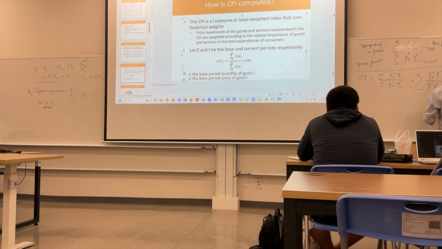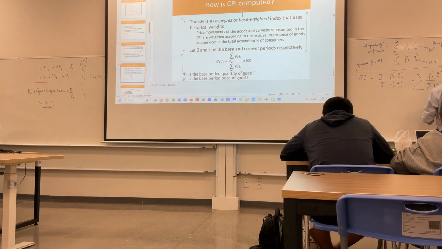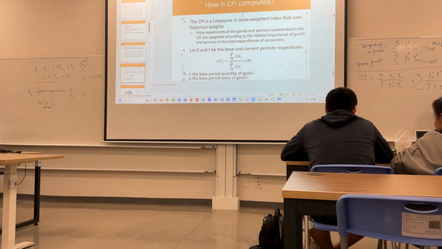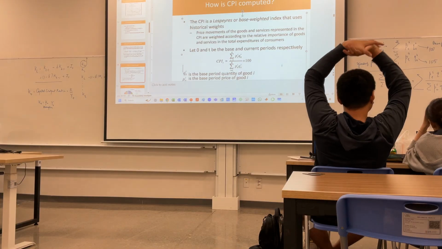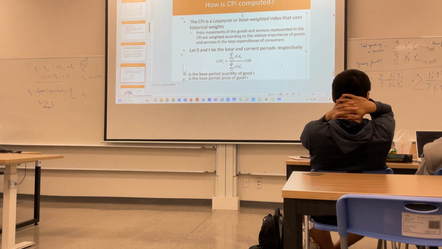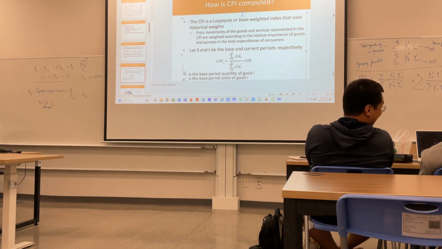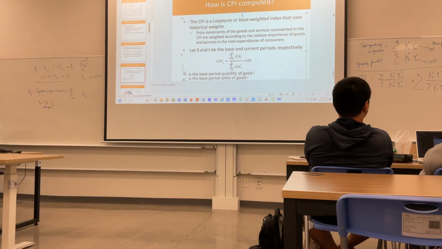Is this equal to the sum of p_i^t divided by p_i^0, times p_i^0 q_i^0, over the sum of p_i^0 q_i^0? Is this correct? I just multiplied by 1. Yes.